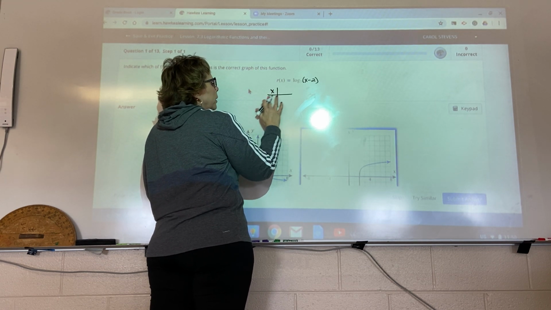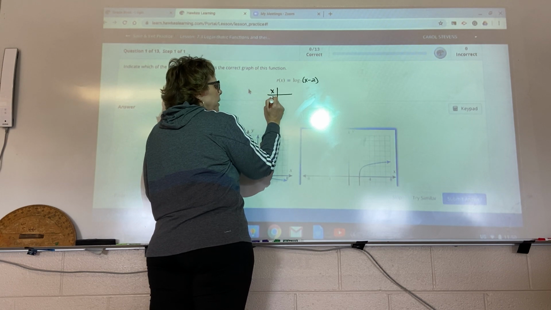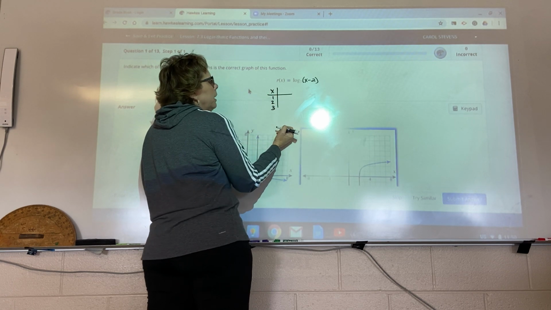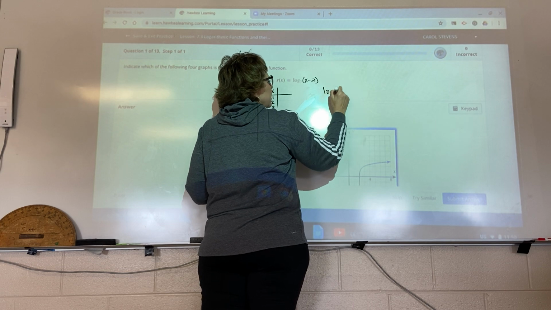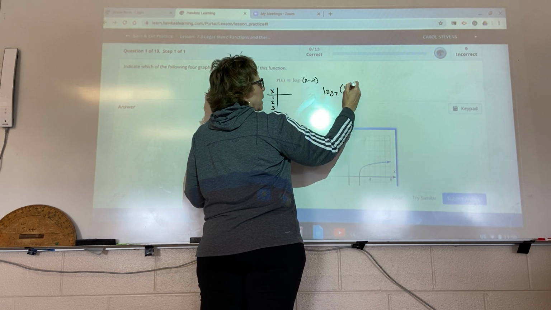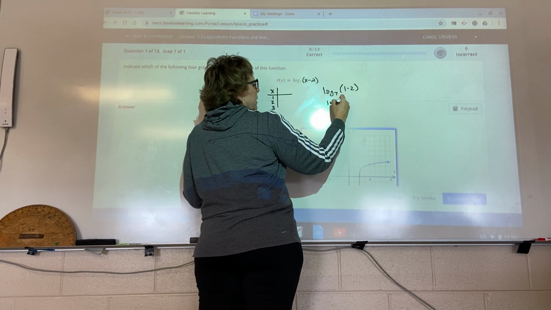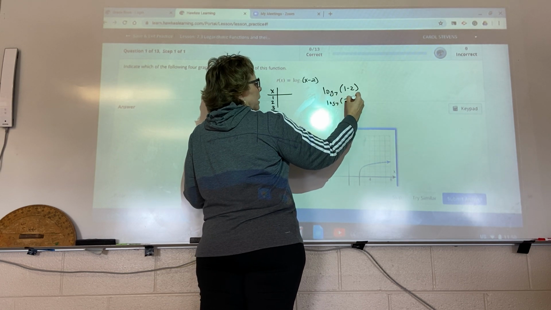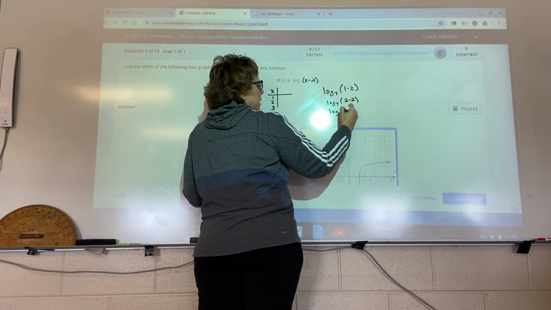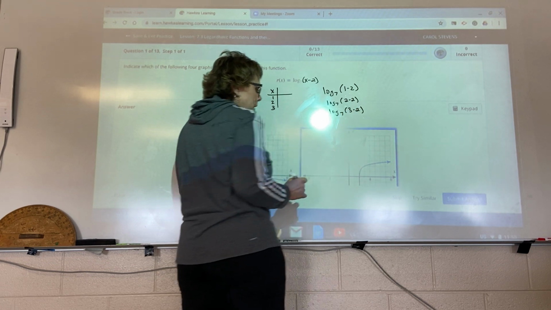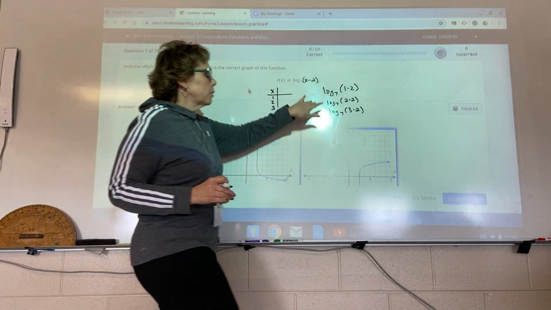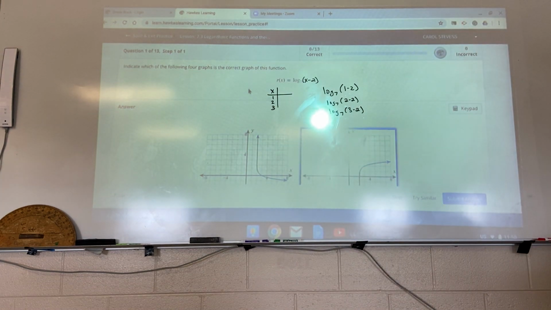It may not work, but let's try 1, let's try 2, let's try 3. And so what you're doing is basically saying log base 7 of 1 minus 2, log base 7 of 2 minus 2, log base 7 of 3 minus 2. Now, what you may see is when you stick those in there, let's see, will it work for me?